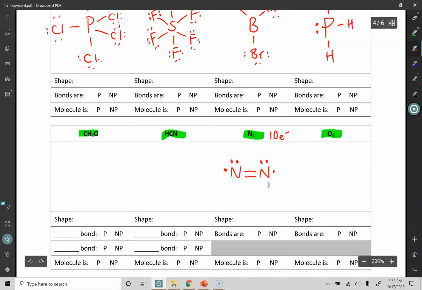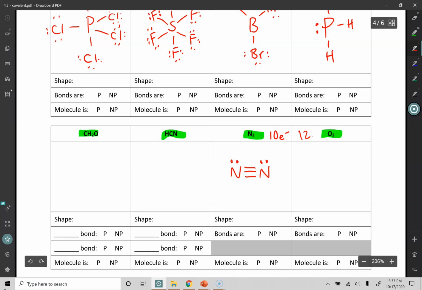You are correct. What about the nitrogen atom on the left and the right over here? Yeah, they're not going to be by themselves either. They are also going to form a bond. 10 electrons, 2, 4, 6, 8, 10, octets for both nitrogen atoms. That is the correct Lewis structure for diatomic nitrogen.